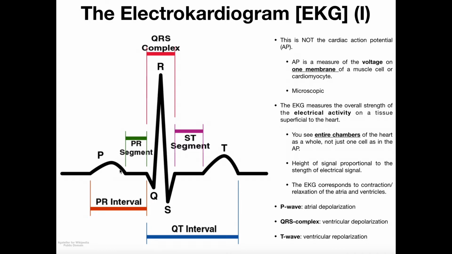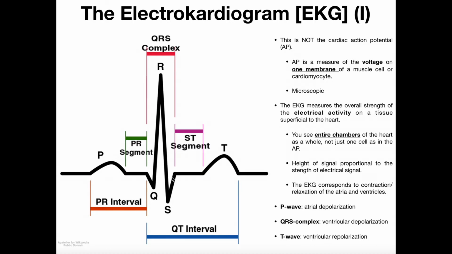Okay? Now, one thing about the QRS complex I want to make clear is that also following atrial depolarization, we should also see the atria relax. We should see atrial repolarization. And to be fair, it is there, but atrial repolarization is hidden by the QRS complex. The QRS complex is so massive that it actually hides atrial repolarization.